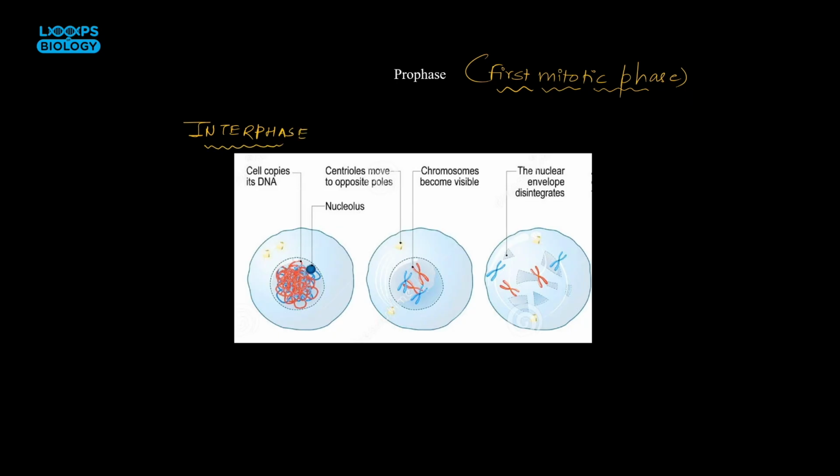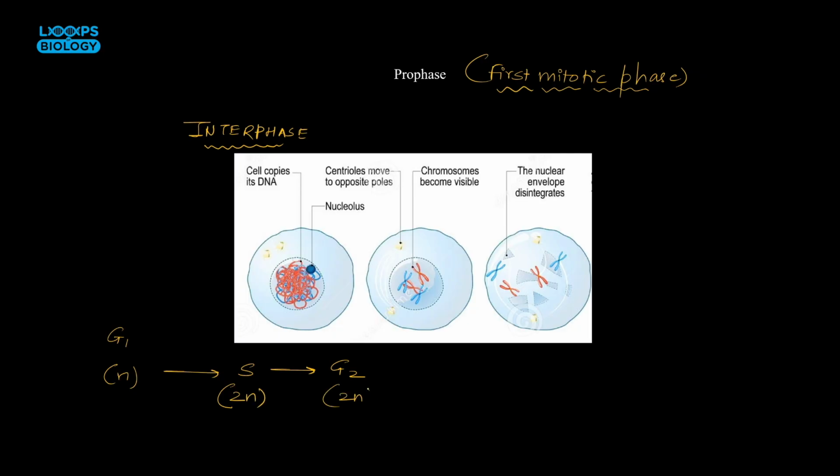Now, as we know, if suppose one cell with n ploidy in G1 phase is entering, while moving to G2, it has to undergo S phase, where your DNA content is going to double.